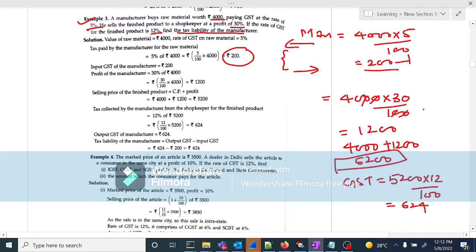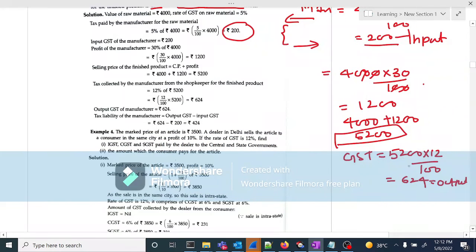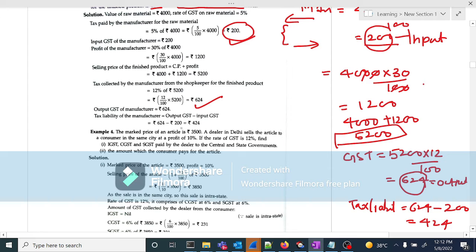So input GST is 200, output GST is 624. This is the GST the manufacturer is paying, and this is the GST the shopkeeper is paying to the manufacturer. So tax liability would be 624 minus 200, that is 424. See, 624 minus 200 is 424. This is the tax liability.